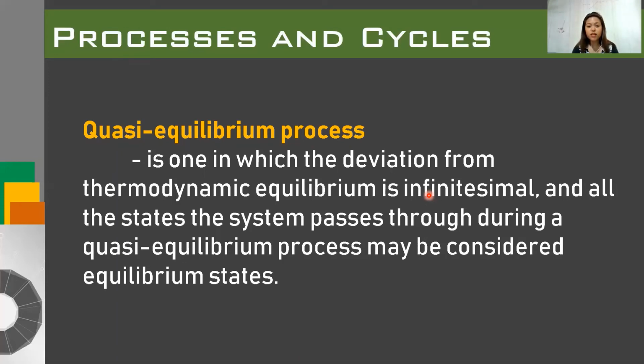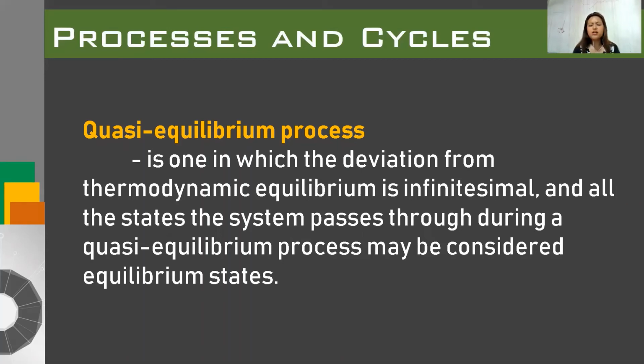But if the weights are removed all at once, so the piston rises abruptly or rapidly, then that is not an equilibrium state. That is a non-equilibrium process. When we say non-equilibrium process, we are limited to a description of the system before the process occurs and after the process is completed, when equilibrium is restored.